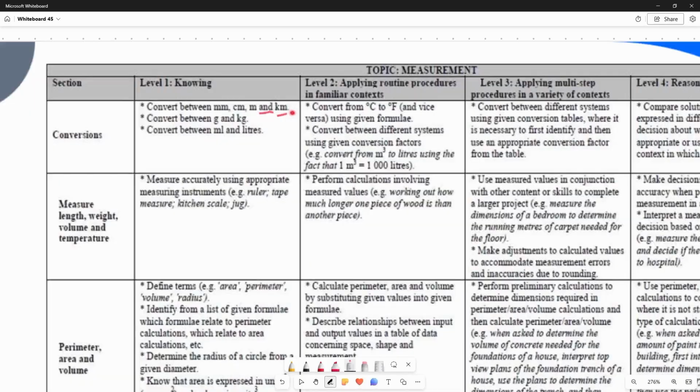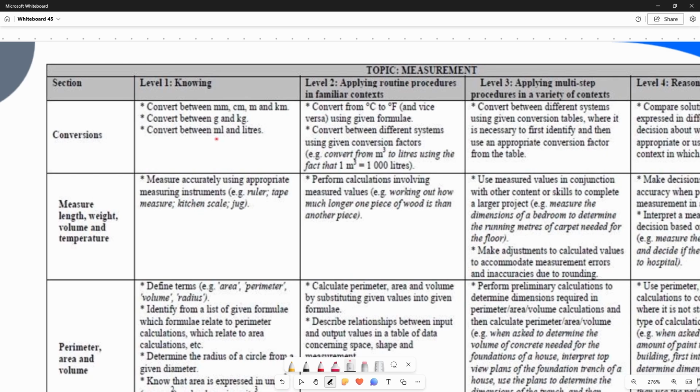So now you need to be able to convert between these units. There's millimeters, centimeters, meters, and kilometers. Those are metric units, the units we use here. Grams, kgs, milliliters, and liters. All these are the units we use here. So we need to be able to convert between them.